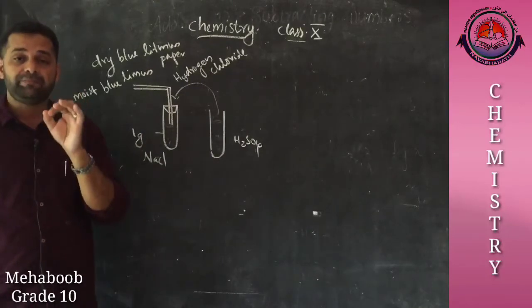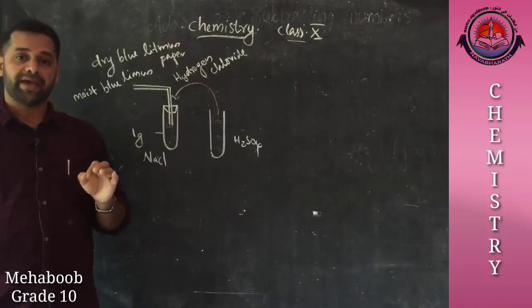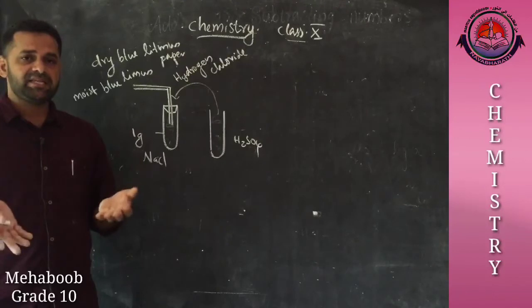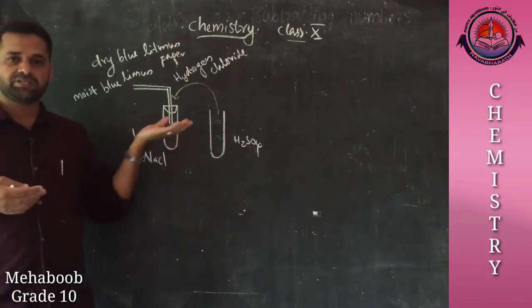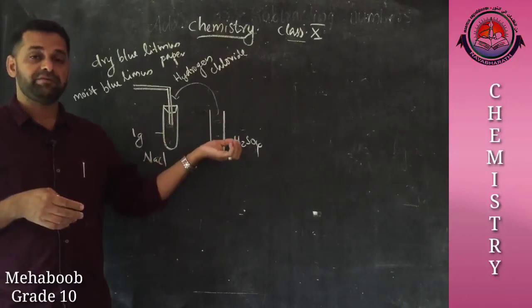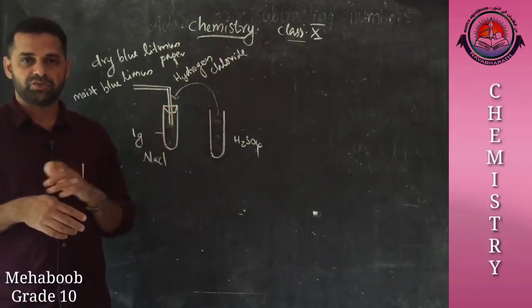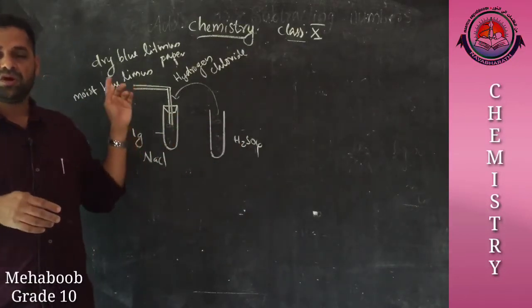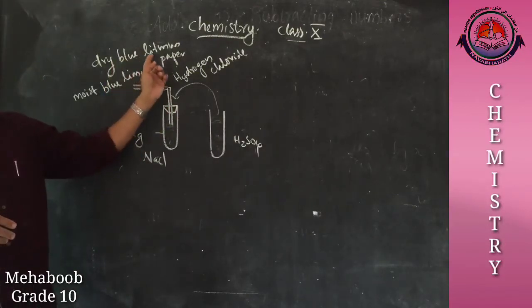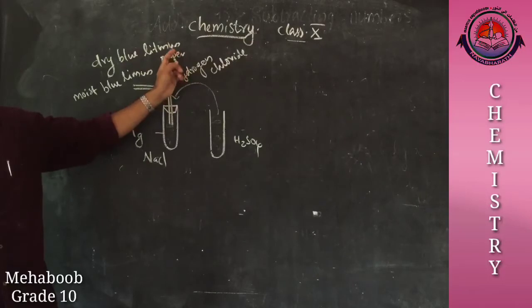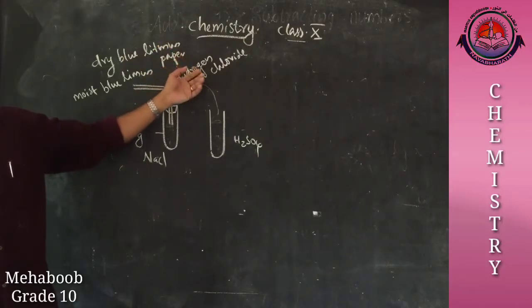So only in the presence of water or aqueous solutions do acids show their acidic behavior, and that is why you can't see any color change in the case of dry blue litmus paper. There is no change in its color. Why? Because there is no water.